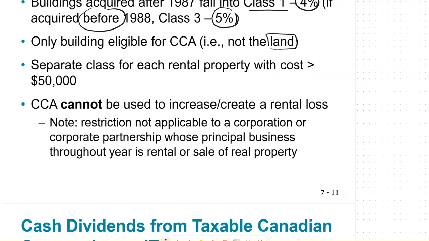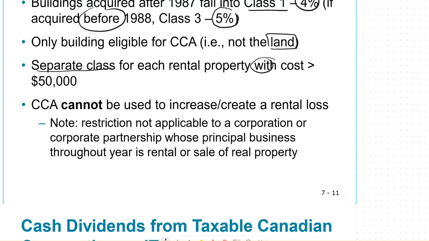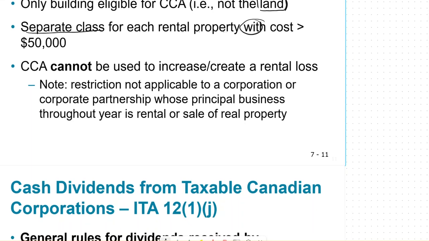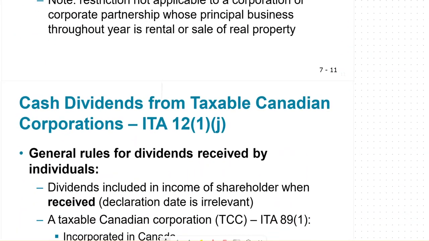If you have a rental property, you can have more than one rental property. You will have a separate class for each rental property with a cost of more than $50,000. So again, CCA cannot increase or create a rental loss. That's what we can say.